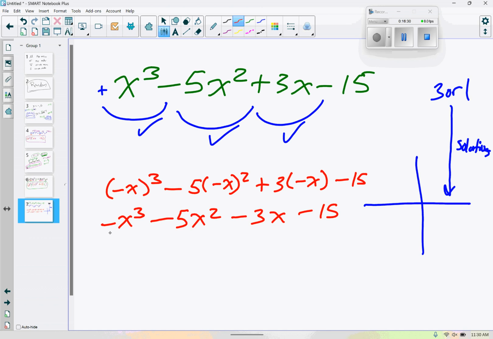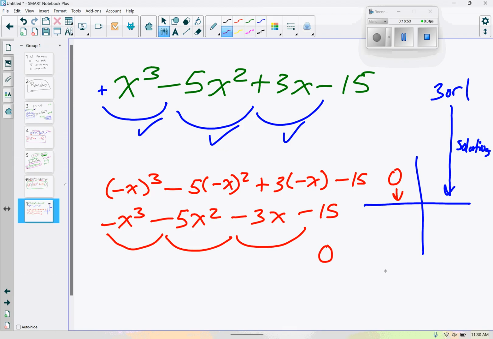You look here saying, do I have any sign changes here, here, or here? And there's 0 sign changes. That means I have 0 solutions on this side of the y-axis. That's what Descartes started figuring out. Then he said, you're going to take all of the factors of 15.